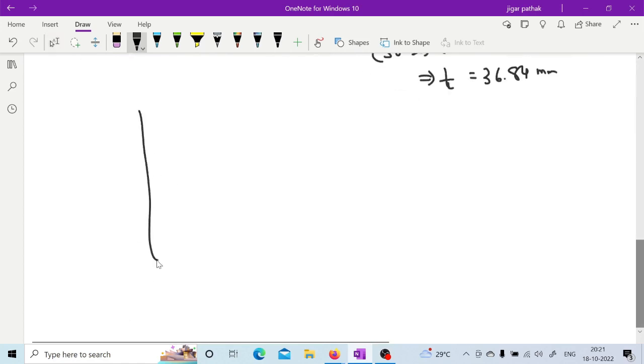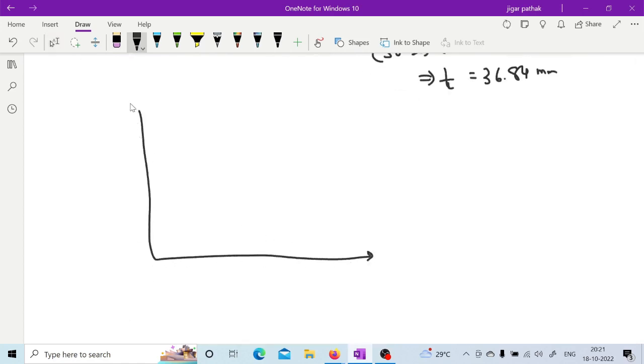Actually, what you need to do is plot log 10 SUT. At SUT it is generally 3, I guess, and at SE it is 10 raised to 6.